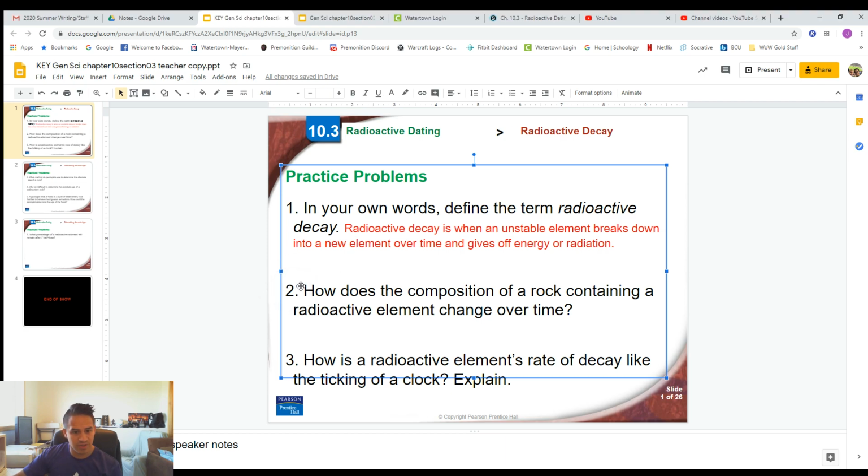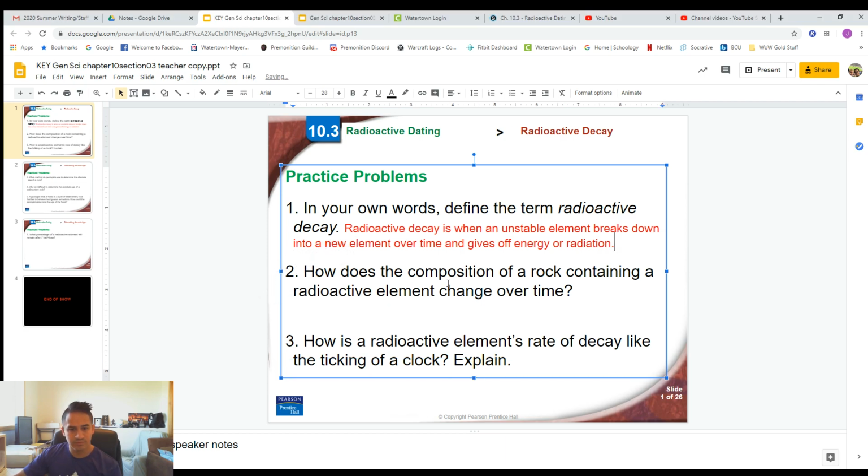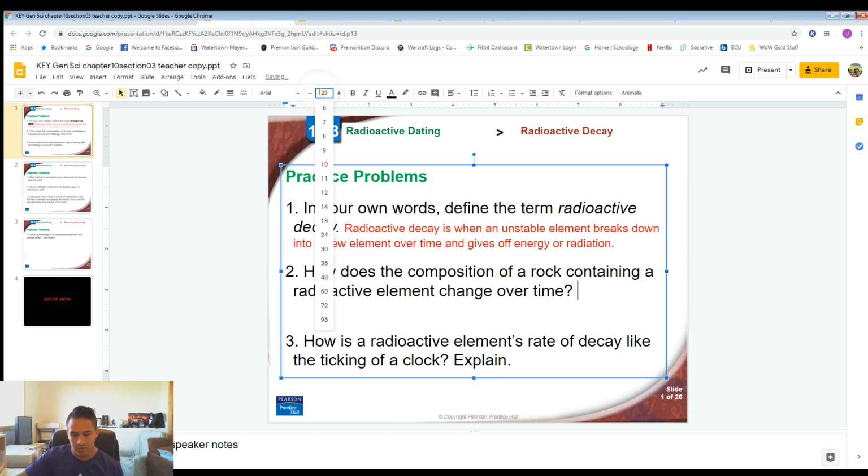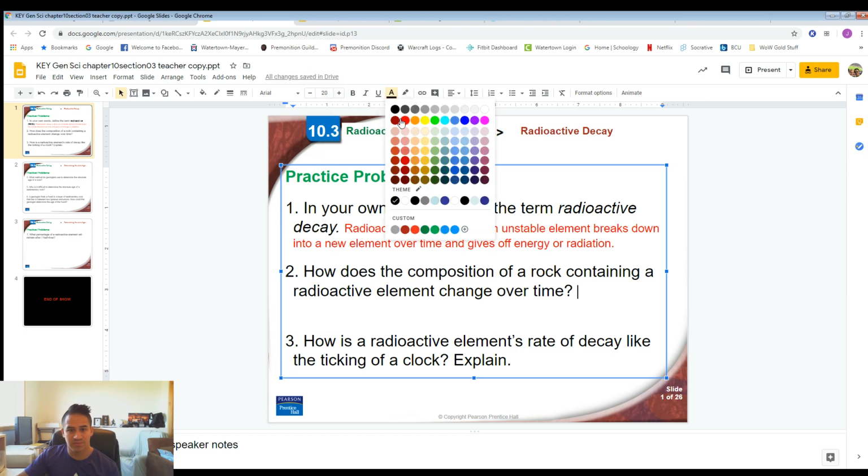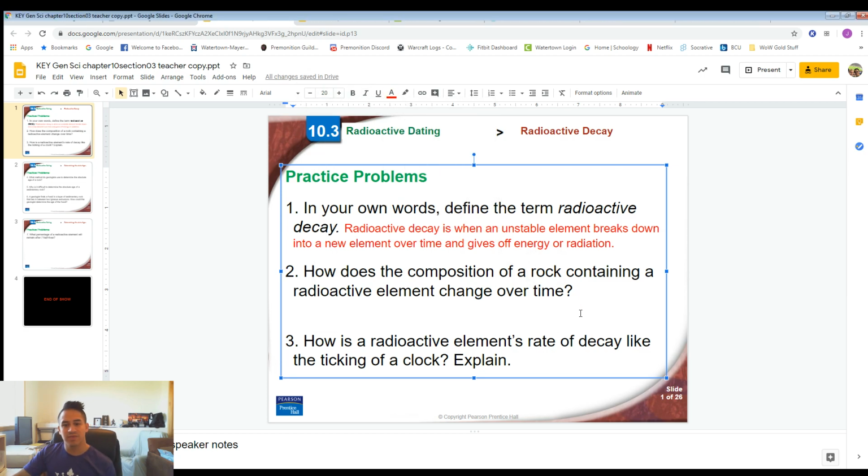All right, number 2. How does the composition of a rock containing a radioactive element change over time? Well, we basically just answered this in the previous one. The composition of a rock containing a radioactive element over time will turn from one element into a different element, right?